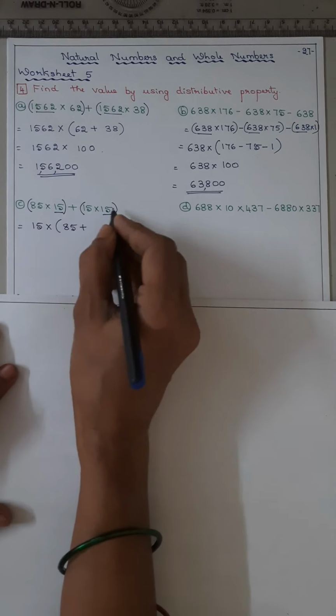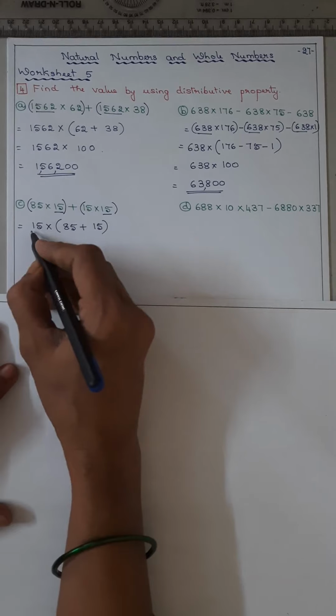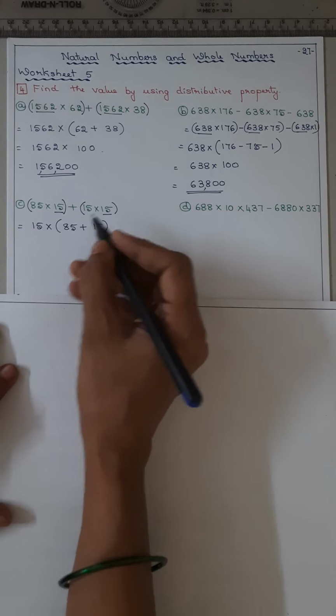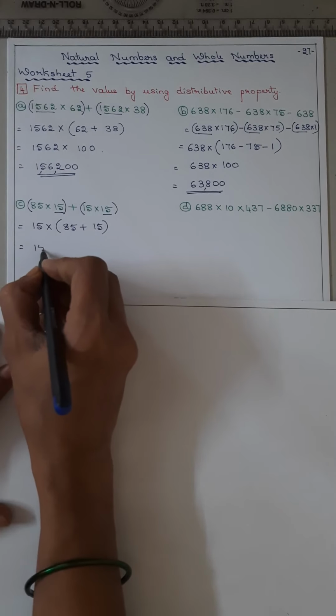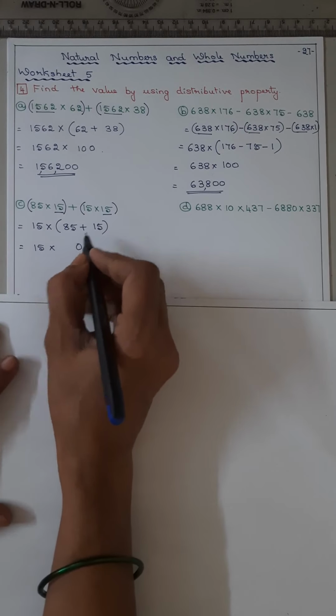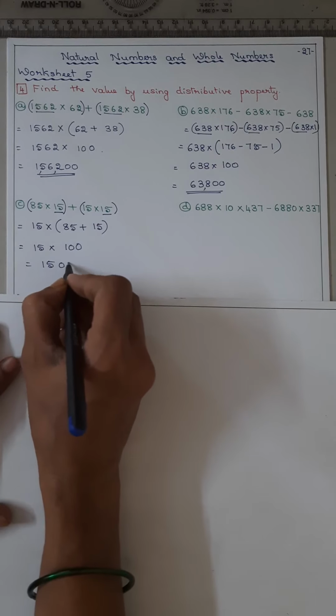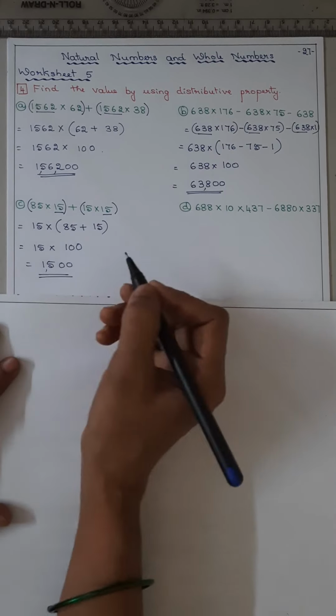Sign is plus. In this 15 is left, isn't it? एक 15 को बाहर लेंगे तो दूसरा 15 है. तो 15 into 5 plus 5 10, 1 plus 8 9 plus 1 10. So answer is 1500. That is 1500.